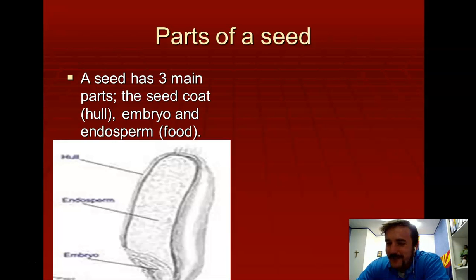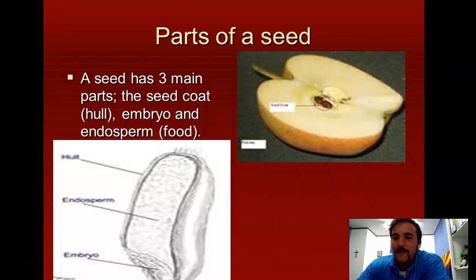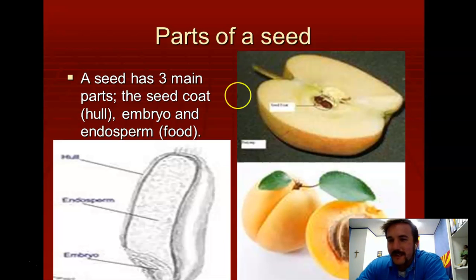And here's where it gets a little tricky. You guys know that a tree can't just go plant its own seeds. It can't do that. So God in His infinite wisdom made a lot of seeds that you probably eat. Take fruit, just like this. Think about this.